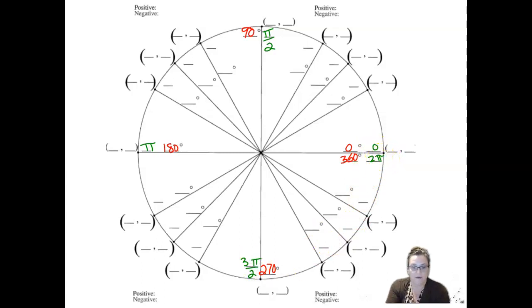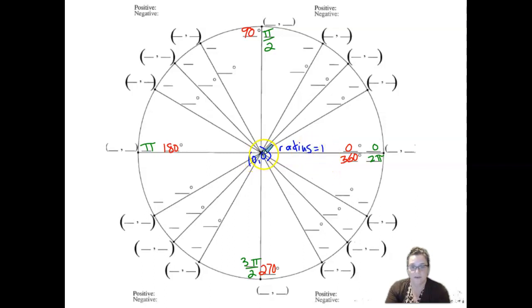Okay, then we're going to do the coordinates. And remember, the circle is centered at the origin, and it has a radius of 1 unit. That's the definition of a unit circle.